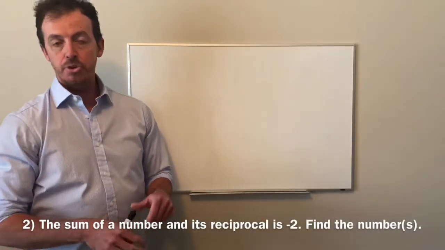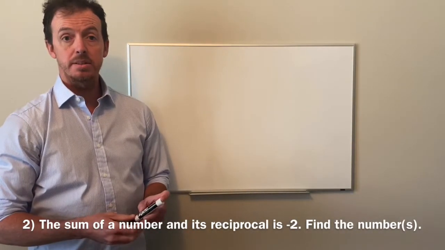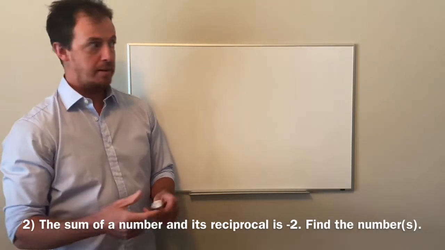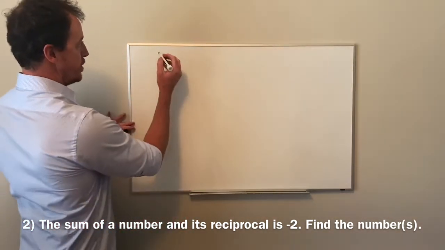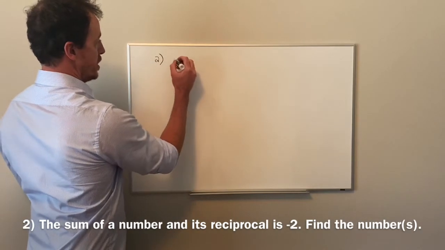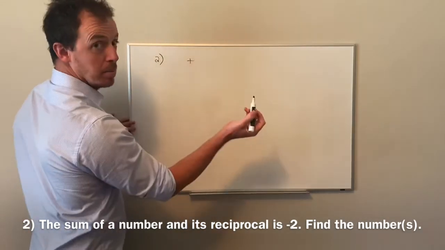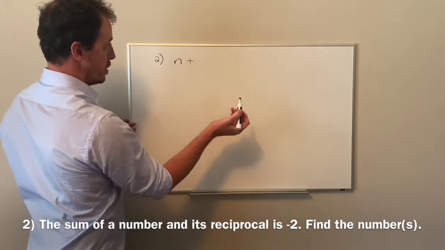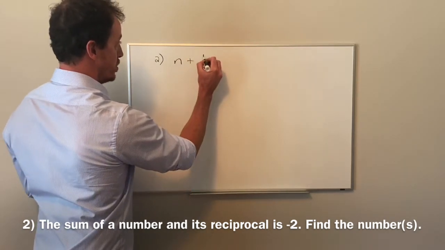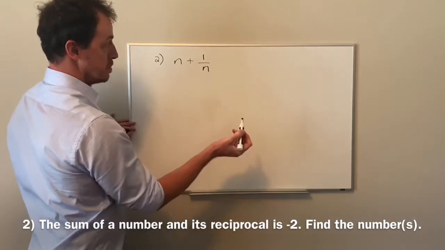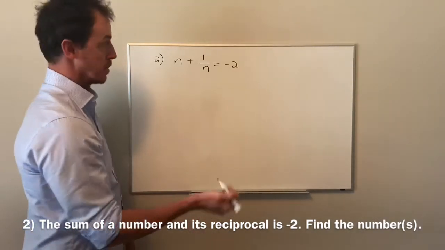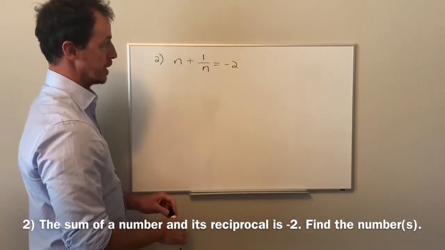All right, number 2 is the same thing. It says the sum of a number and its reciprocal is -2. So this one's actually even easier. The sum of a number, so again, it's a sum, there's addition going on. The number and its reciprocal is -2.